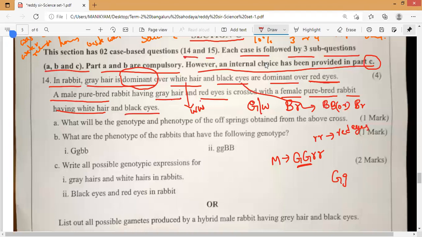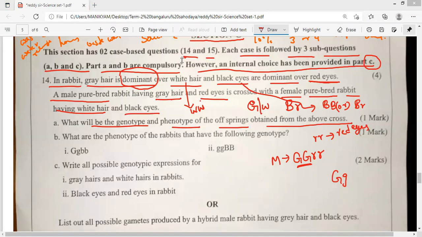Now they are asking, what will be the genotype and phenotype of the offspring obtained from the above cross? Their parents are F1 crossing, guys. Anybody tell me parents are F1 crossing? They are parental cross. Yes or no? So parental cross means, if you notice it, what will come, guys?